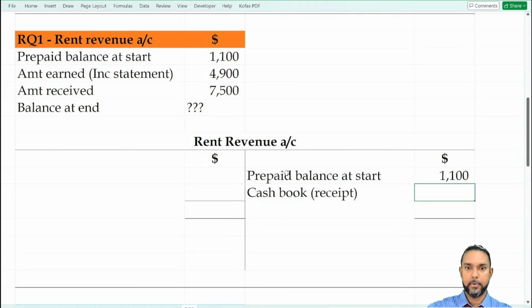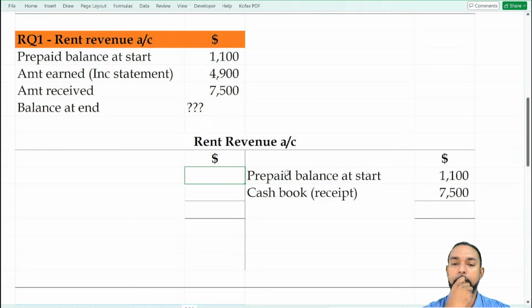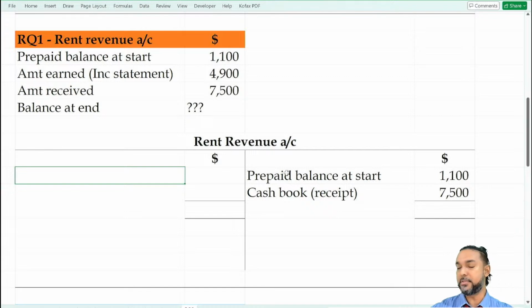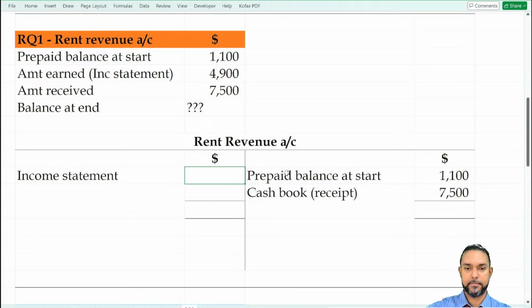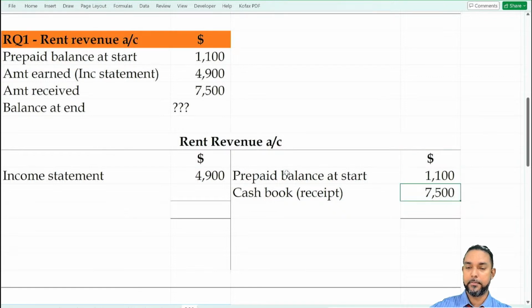That's 7,500. Okay, I made a mistake with something, but let's just see how it turns out. The income statement figure here is 4,900. Okay, cool. So clearly they paid a lot more than they were supposed to.